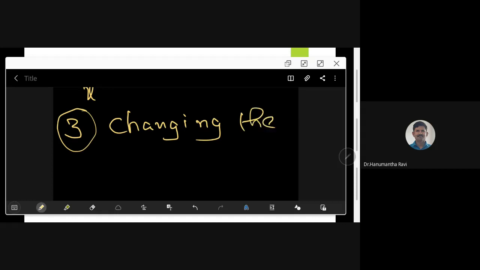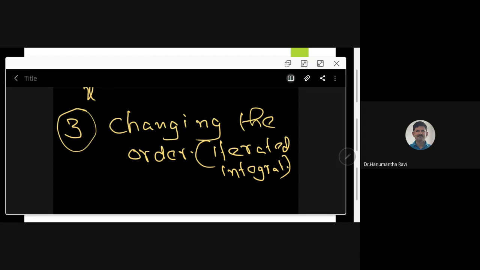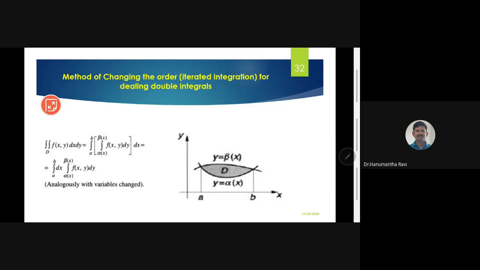That is, whether with respect to x you are doing first, or with respect to y you are doing first. That we need to decide. Changing the order. This is also known as iterated integration. So simple: with respect to x followed by y, or with respect to y first and then followed by x. That's the idea here. Similarly, when it comes to triple integrals also, the same thing will come.